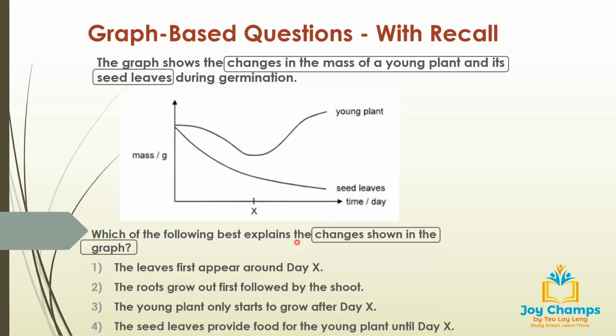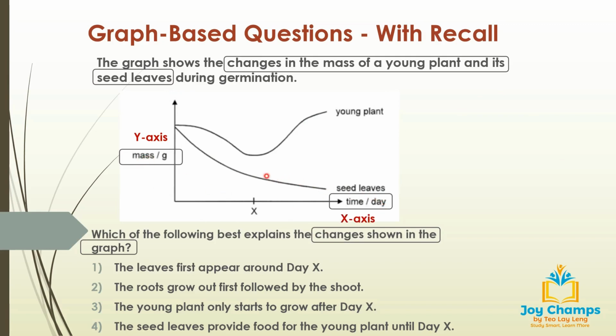Next, explain. Which graph best explains changes shown in the graph? So we want the statement that explains the changes best. So with that, now let's take a look at the graph itself. The y-axis records the mass and the x-axis records time.